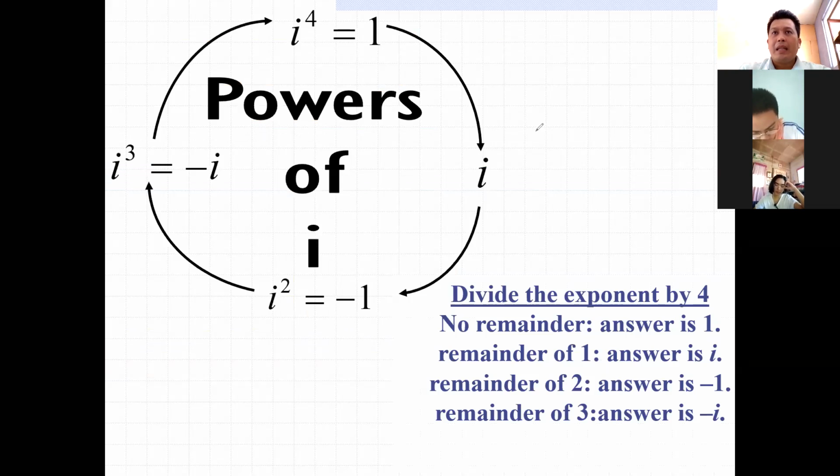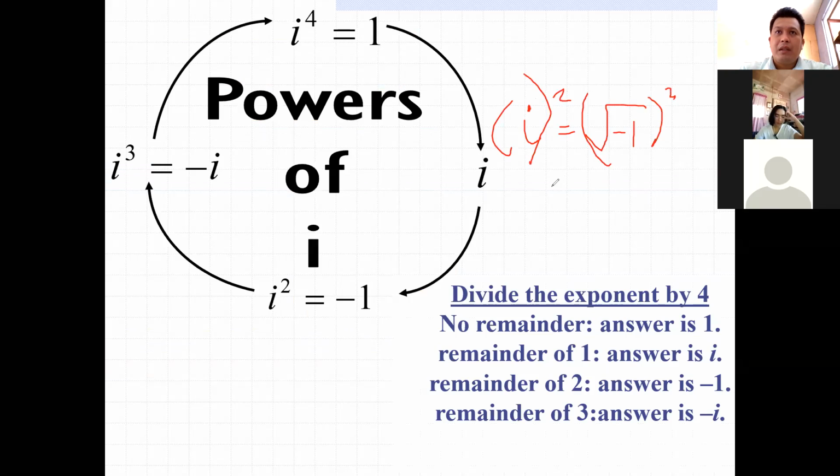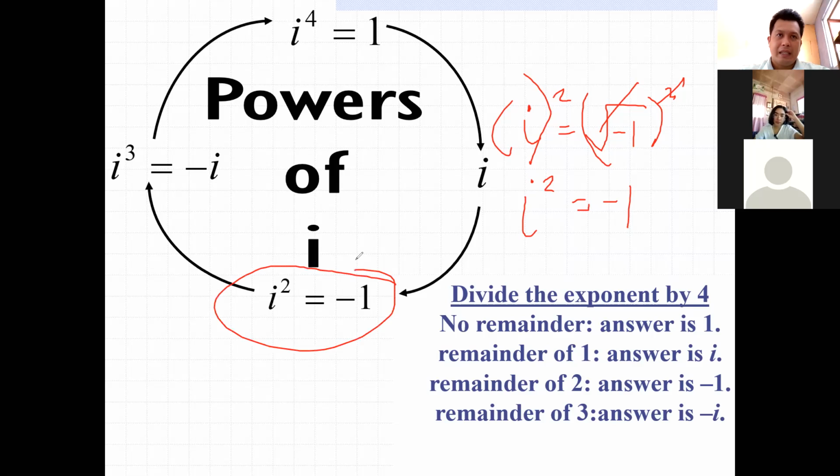It is probably because if you look at the solution to i, that is equal to the square root of negative 1, isn't it? But if you raise both sides to the power of 2, i squared is equal to, cancel the square root and the square, negative 1. So that's where we get i squared equals negative 1.